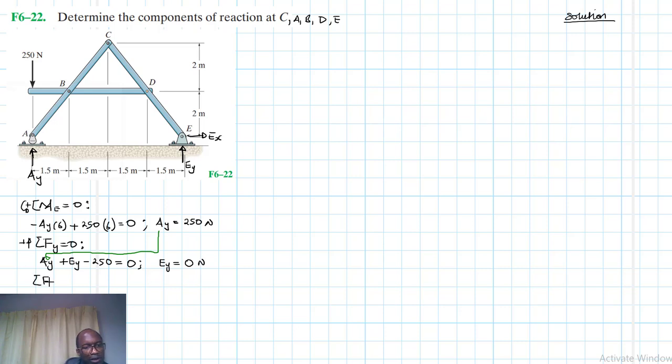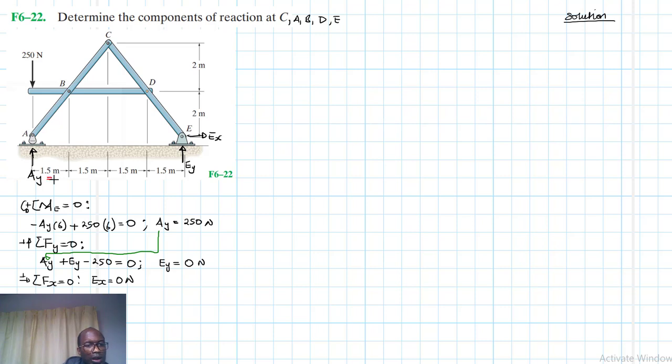And then finally, summation of forces in the x direction, going in this direction, is going to be 0. Then we have EX equal to 0 newtons, right?